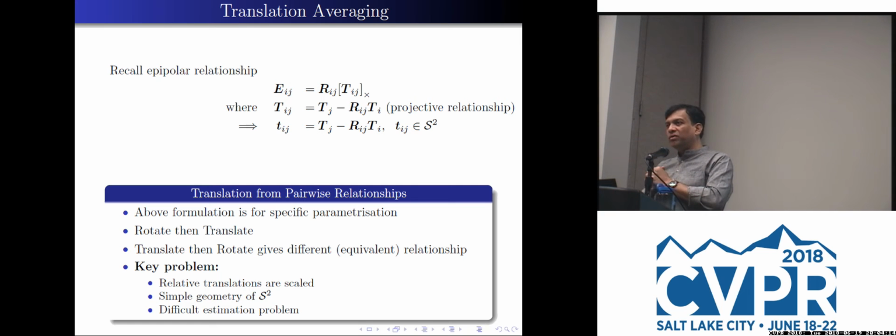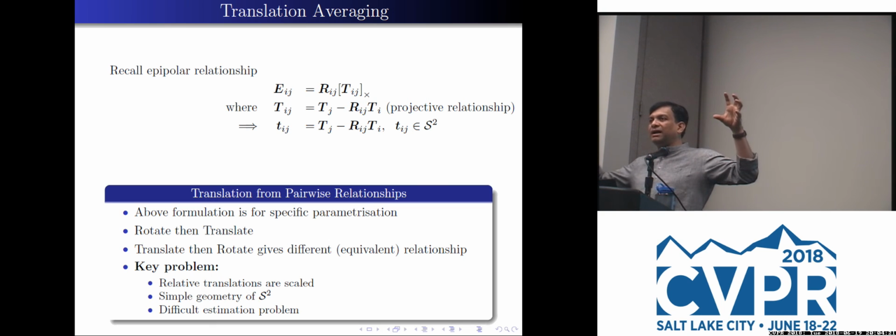For those of you who are not familiar with it, think of the following problem. Imagine I have 2 cameras and I take a picture of the world and I make some measurements. Now, there is a scale ambiguity involved because I could have moved the cameras, let's say, closer and scaled the object appropriately. And I should not be able to tell the difference, right?